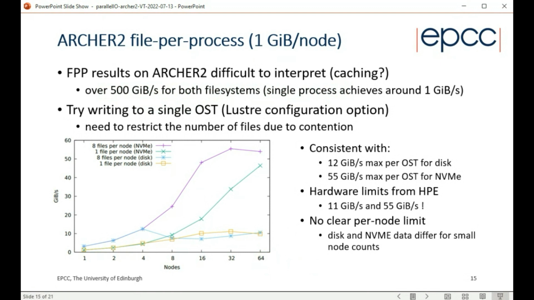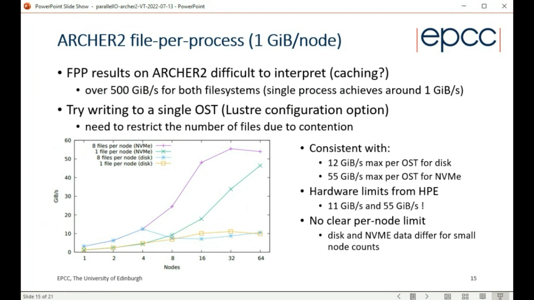I'm trying to work out what is the maximum bandwidth for disk, and we see very, very quickly that on the disk system, I was playing with number of files per node, but basically we get about 10 or 11 gigabytes per second. And on the NVMe, I had to play around with the number of files per node a bit to get this up, but we're getting over 50.